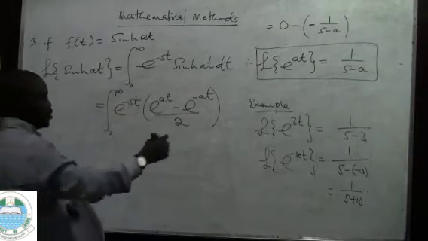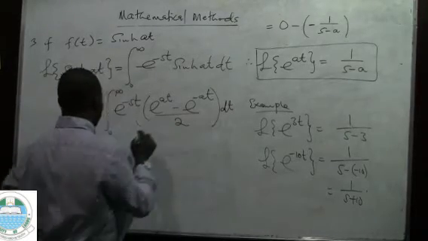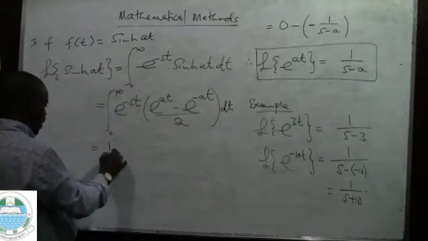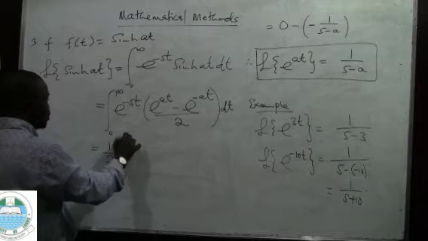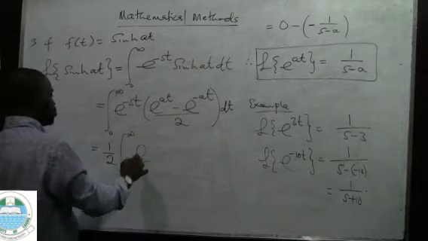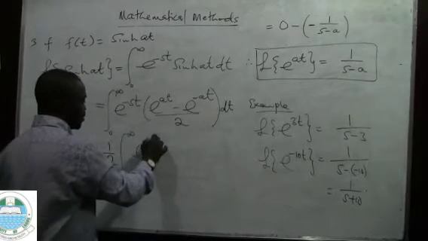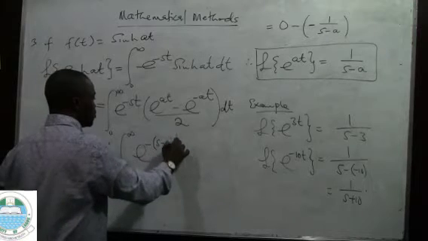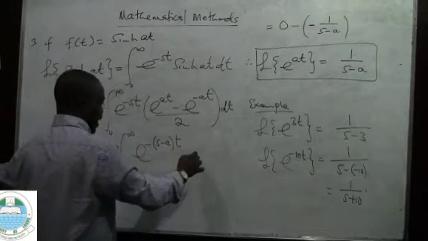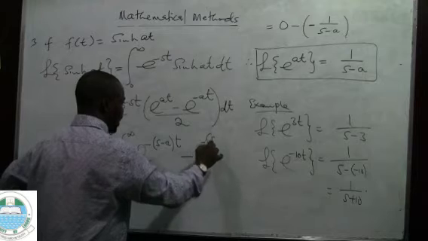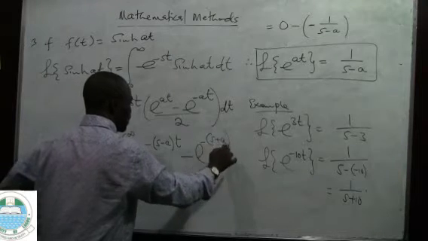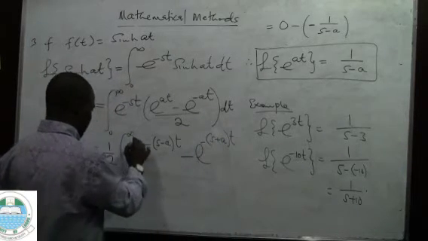So with this definition, I can expand the bracket by saying half integral from 0 to infinity exponential raised to power minus s minus a into t minus exponential minus s plus a into t. What have I done here?